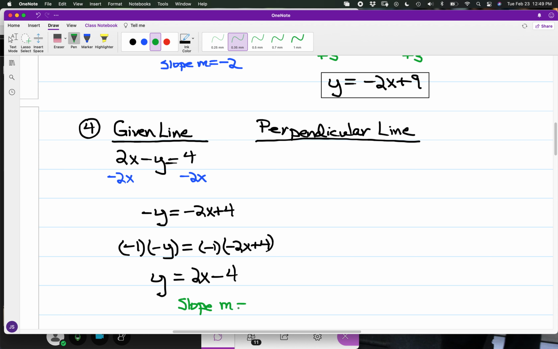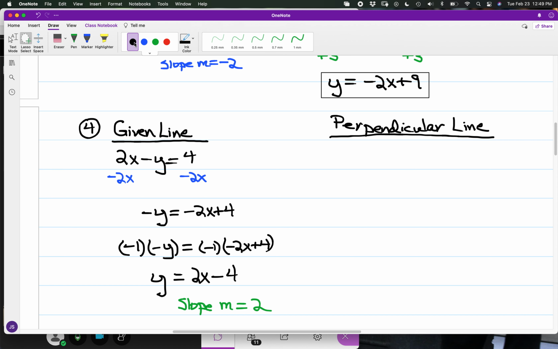So we have that the slope m is equal to 2. Now, taking what we have with a perpendicular line: for perpendicular lines, their slope values have opposite sign reciprocal relations. For the given line, the slope is positive 2, and going with the opposite sign reciprocal, the slope for the perpendicular is going to be minus 1/2.